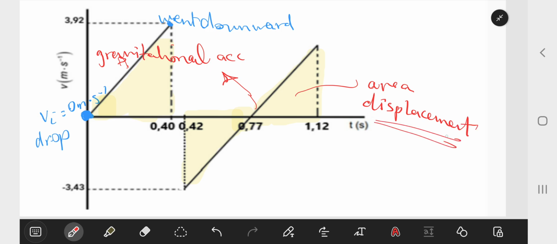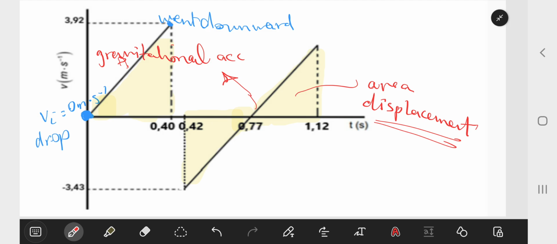In terms of calculations, you just have to calculate the area of those triangles to get your displacement. For acceleration, you just have to calculate the gradient, but for a projectile you don't have to, because it's constant, which is 9.8 meters per second squared. But we can calculate it if we have values. If the question says calculate the acceleration, you calculate the gradient. Calculate the displacement, you calculate the area under the graph.